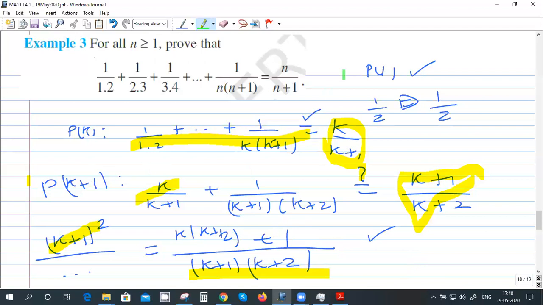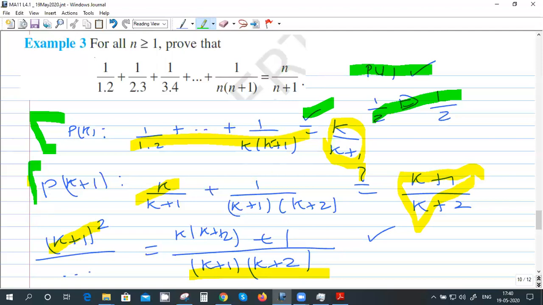Yeah. See, you first said P of 1 is true. P of 1 is true, right? Obviously. Okay. And then assume this one, P of k. You assume this is true. And then you check whether P of k plus 1 is true. P of k plus 1 is the sum of k plus 1 terms. So the first k terms is this one.